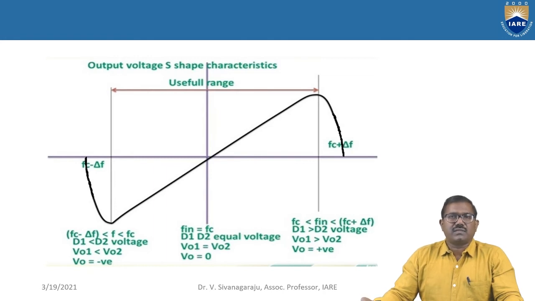And the third one is Fin less than Fc. The useful range given here is in between that line, so there is a slope.